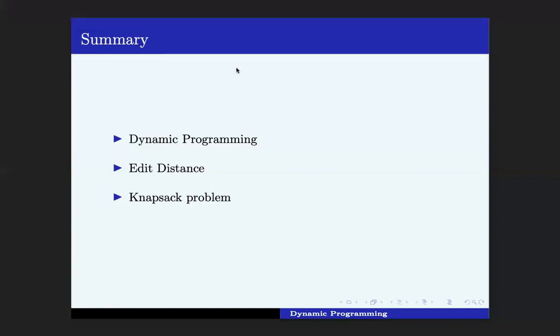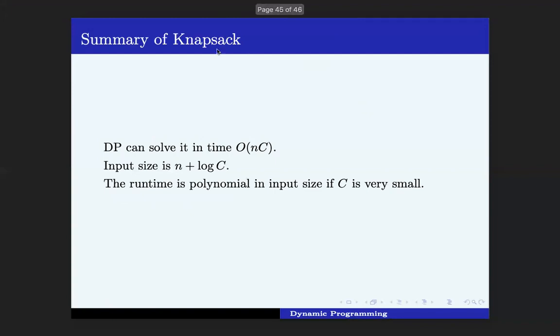Sir, in the previous slide, if C is very small, then n log C is very small, so it is n to the power some fraction. Now say C itself is of order n square.